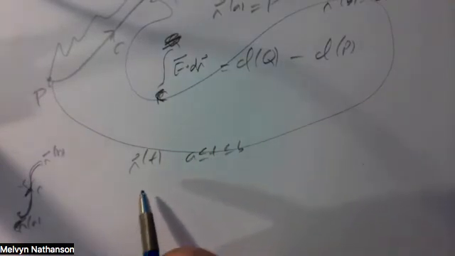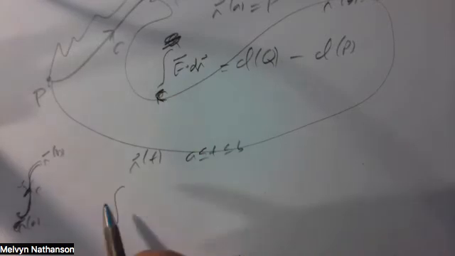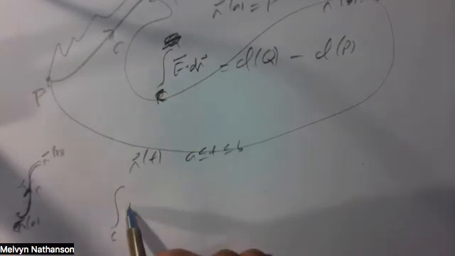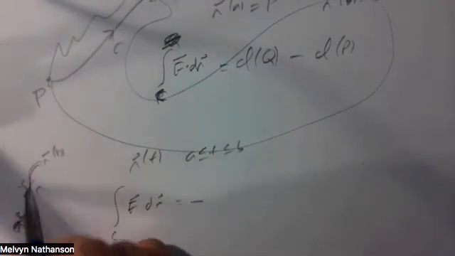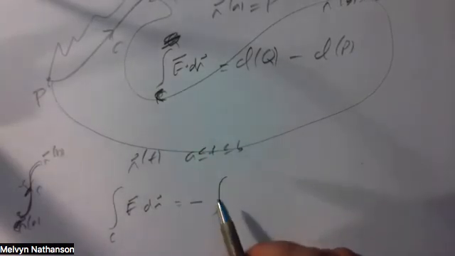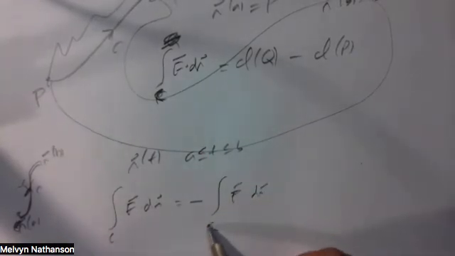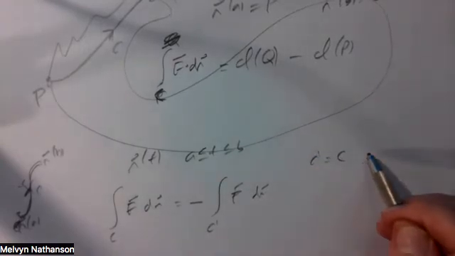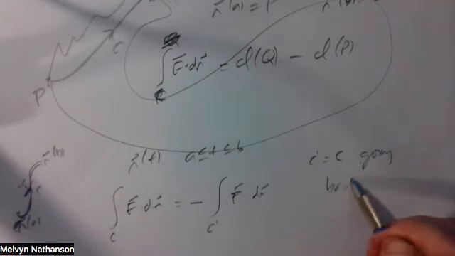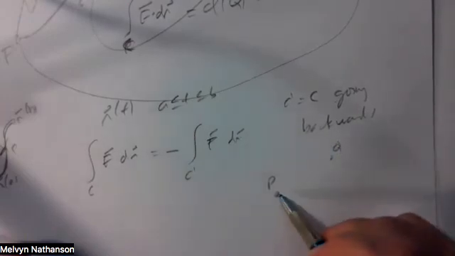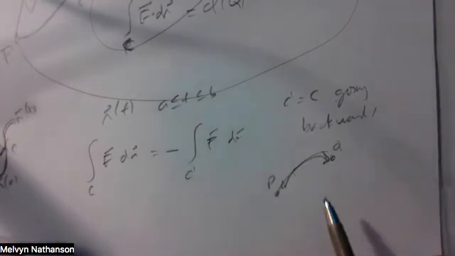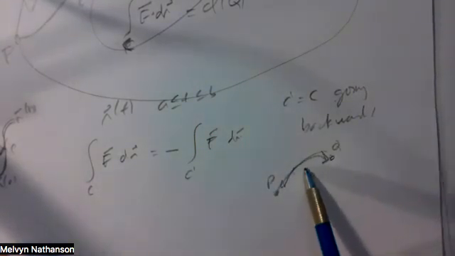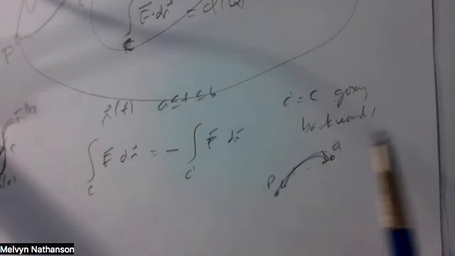And the line integral of a vector field along a curve c, f dr, is always the negative of what you would get if you go in the opposite direction, so minus the integral of f dot dr along c prime, where c prime is c going backwards. So I can start at p and go to q like this, or I can start at q and go backwards along this curve to p. So those two different line integrals are the same in absolute value, but they differ in sign.